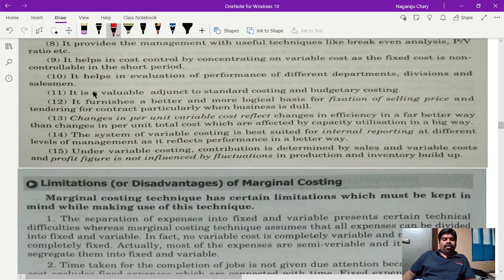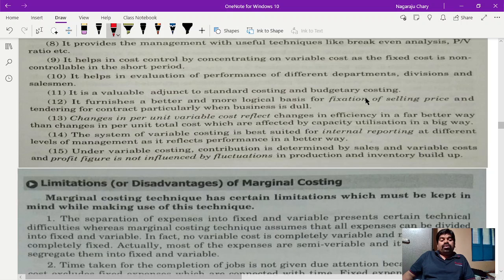Next, we see it is a valuable adjunct to standard costing and budgetary costing. Standard costing and budgetary costing are the techniques which are followed, and the same is followed here also.